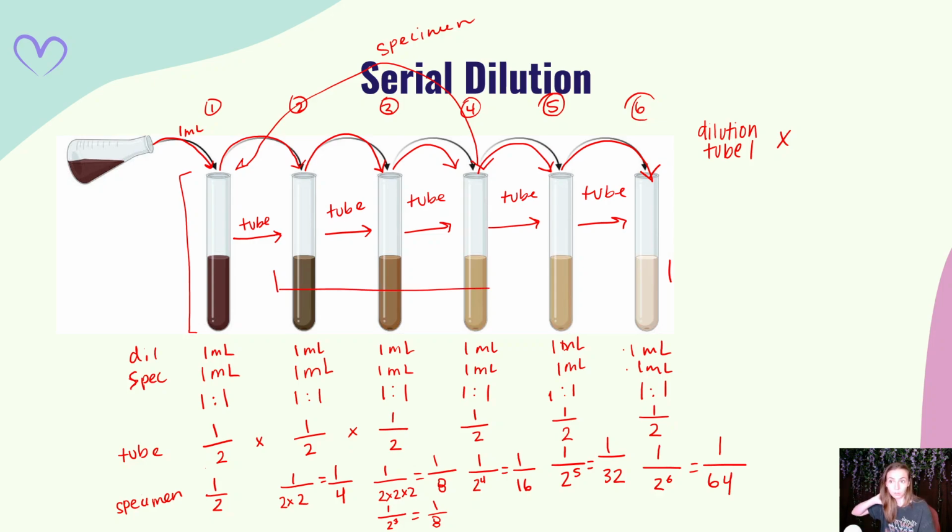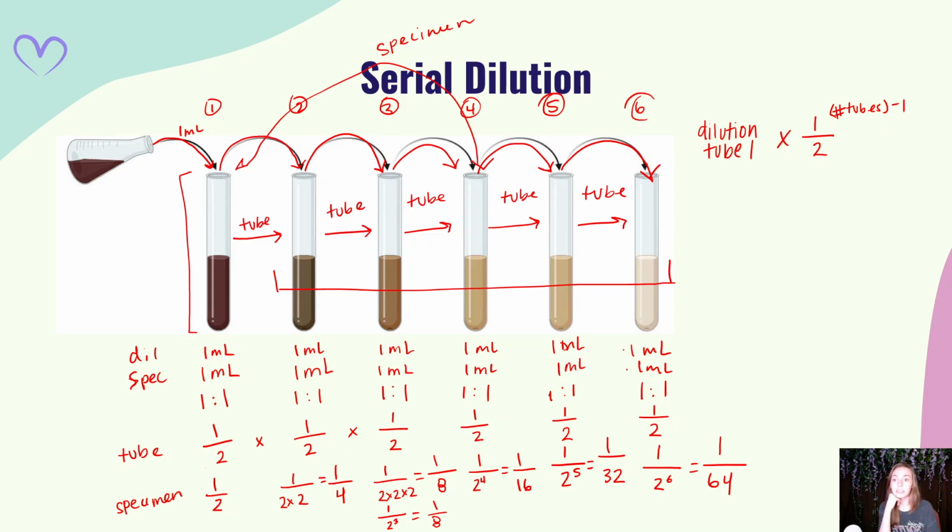So for this, because everything else was diluted by a factor of 1/2, you would multiply by the dilution of the remaining tubes. So the remaining tubes are going to be a dilution of 1/2 in this case. And then you would multiply it by the total number of tubes minus 1.